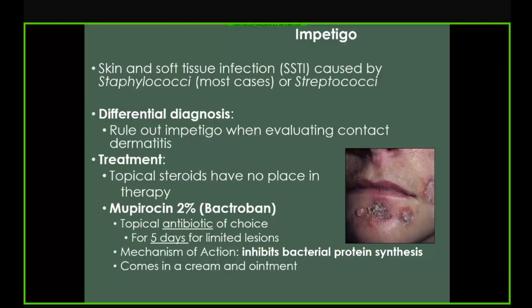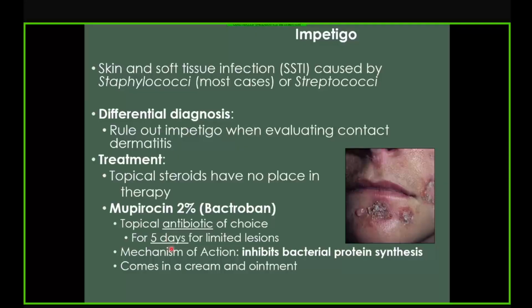So what they're going to need is an antibiotic, because I just told you that it's caused by a bug, and my bacterial infections need an antibiotic. So when I look at that, topical steroids have no place. But what I do have is my Bactroban. We learned about this, right? Mupirocin, 2%. This is my drug of choice.